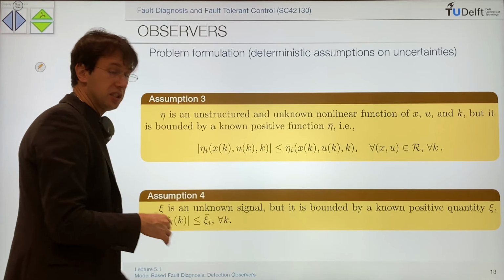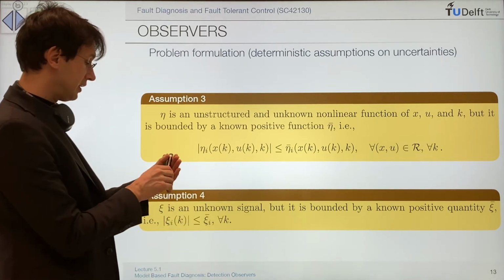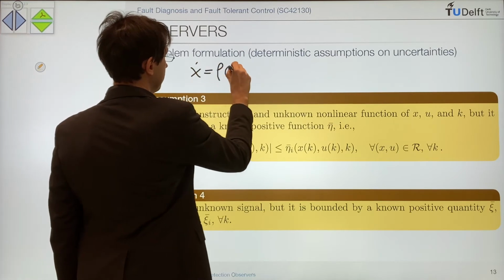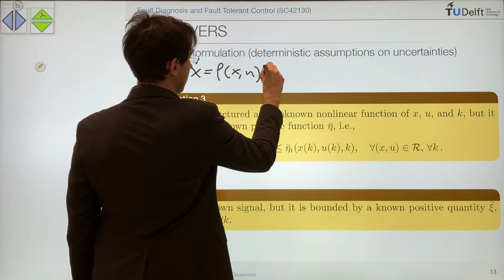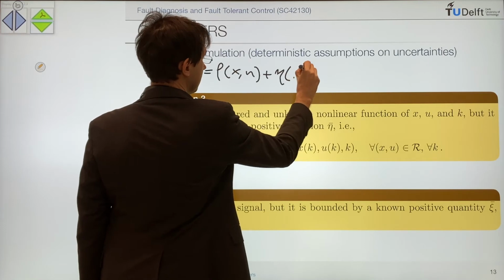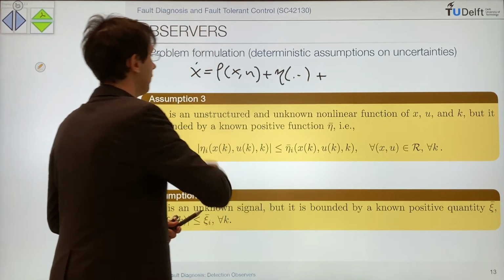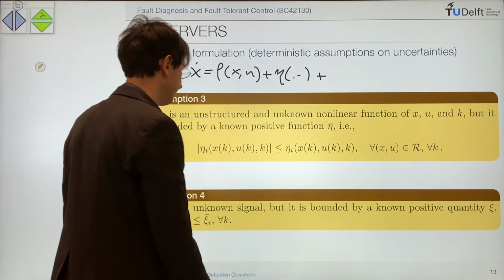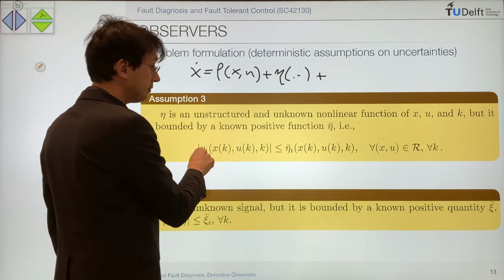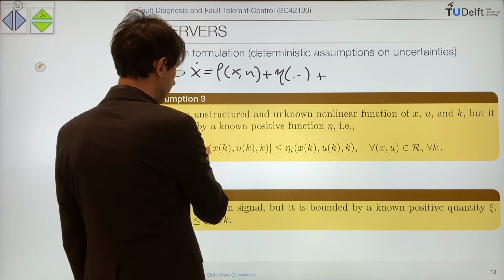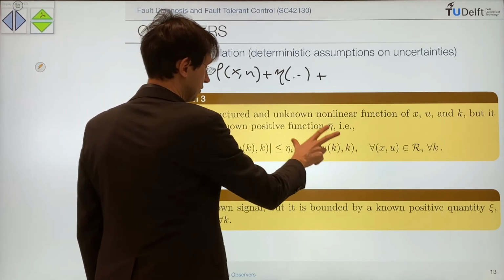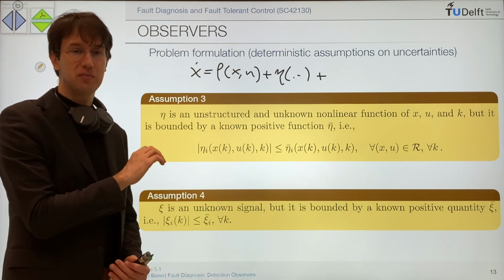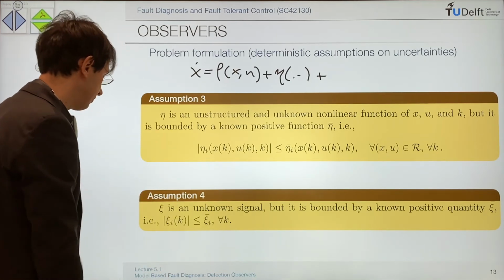So eta is in general a vector, because in the state equation, x dot equal to f of x u plus eta plus so on. Well, x usually is a vector, so eta is a vector as well. And for each component i, we assume that the absolute value is bounded by some function that we know. And this will be the key thing for building a threshold analytically.